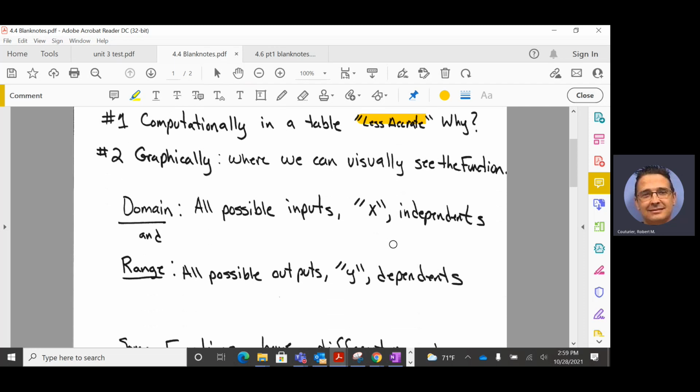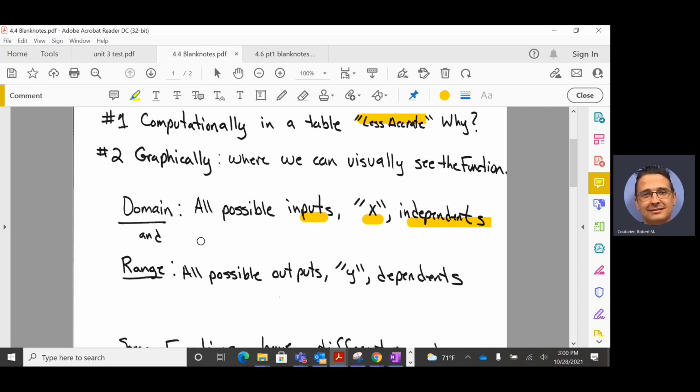Given that, what numbers can you plug in? So x, the independents, the inputs, this all has to do with what we're putting into these equations. Depending on what the equation is, we may not be able to plug any number in. Think about equations that deal with time. Time is never a negative number.